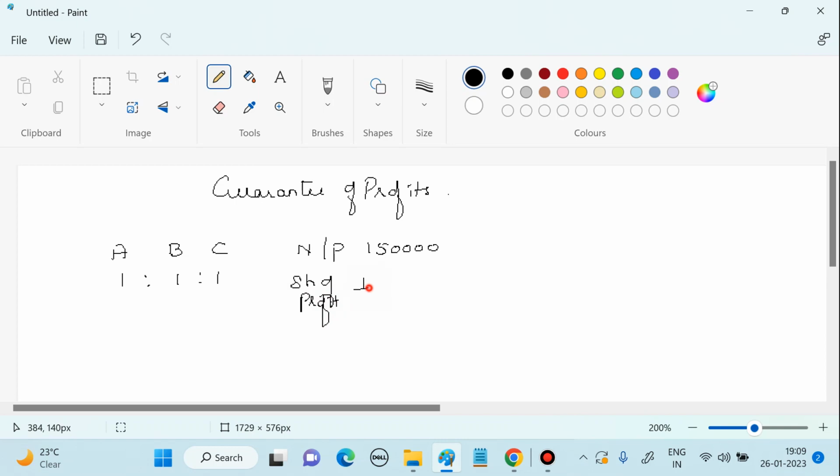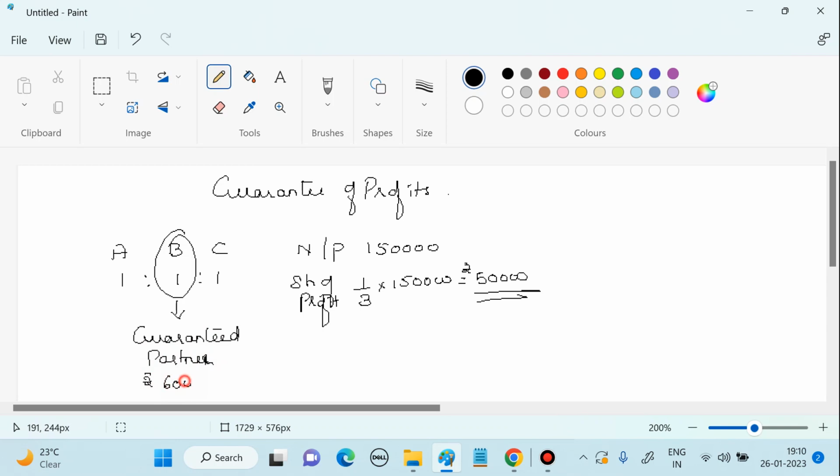It is 1/3 of 1,50,000, 50,000 each in this particular year. But suppose B was given a guarantee. So we are talking about B as the guaranteed partner. He has been given a guarantee that he will get a guaranteed amount of say rupees 60,000.